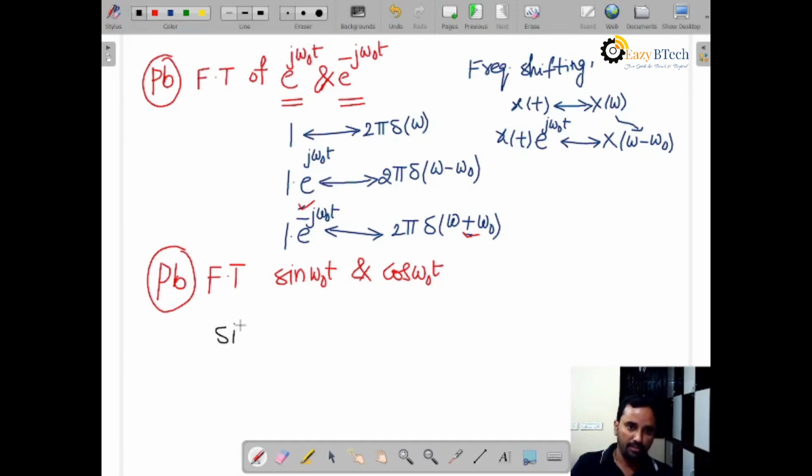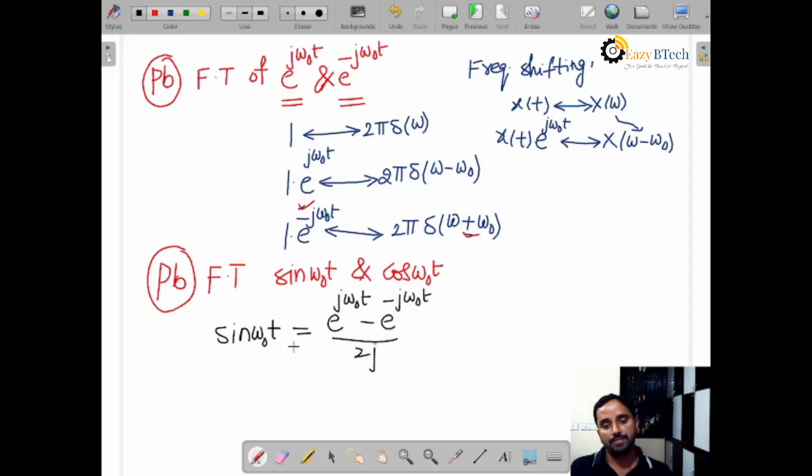Sine omega naught t we can write as e to the power j omega naught t minus e to the power minus j omega naught t, by 2j. Right or not? As per Euler's formula, sine omega naught t is e power j omega naught t minus e power minus j omega naught t by 2j.